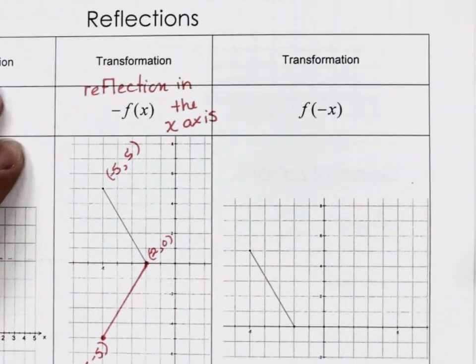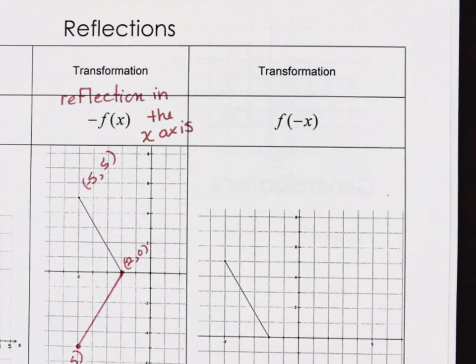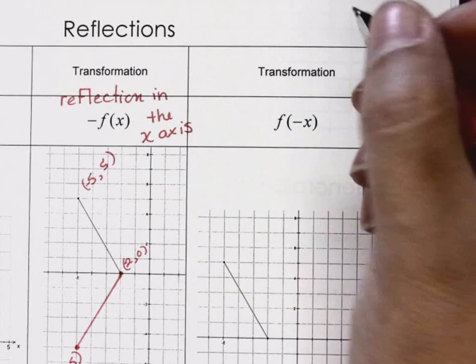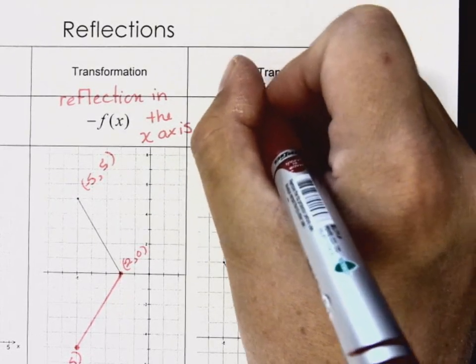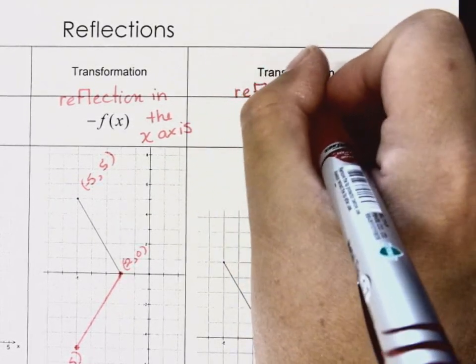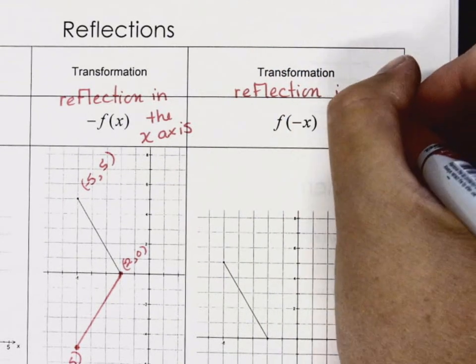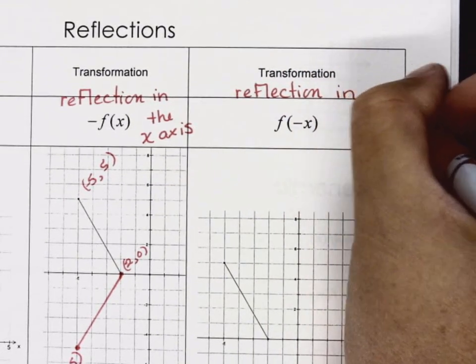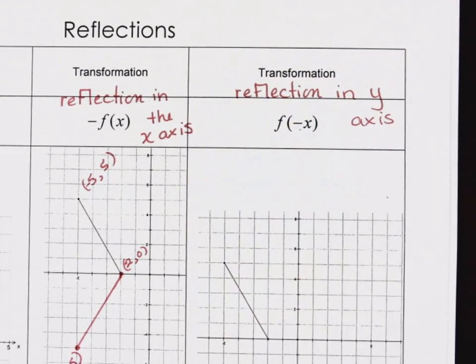Okay. So now we're going to do it to the other side. And now this becomes a reflection in the y-axis. Okay, what are we multiplying our x's by? -1. What's the reciprocal of -1? Still -1, right?